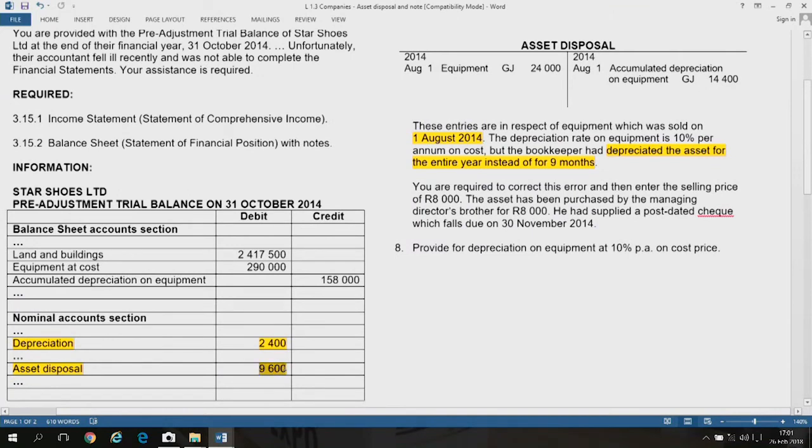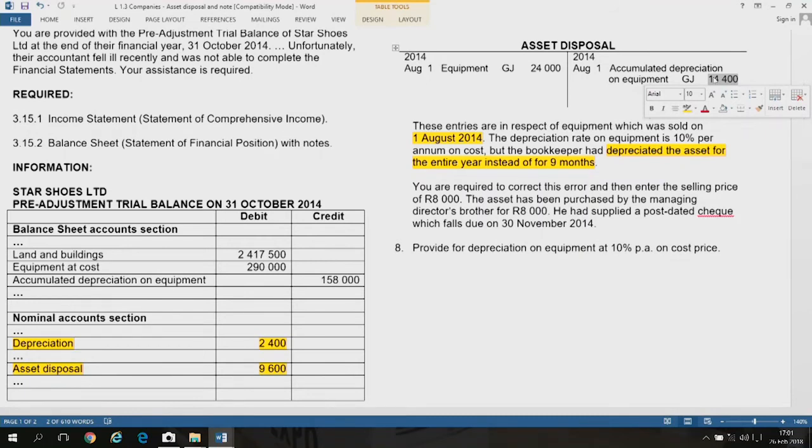Can I quickly show you this 9,600? That 9,600 came from the 24,000 on your calculator, minus the 14,400, that gives you the 9,600. Can you see the depreciation of 2,400 was wrong?